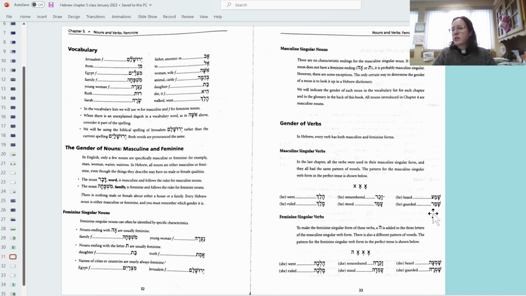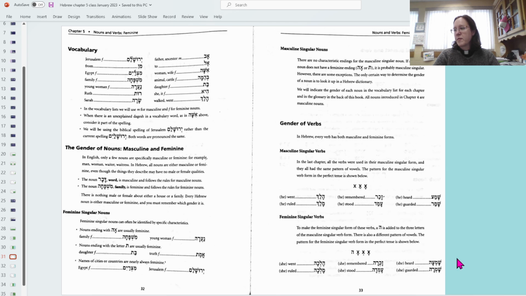The feminine singular verbs have the ah at the end. The hey is added to the three letters to make the feminine verb form. They have the same verbs that we had in the masculine form and show how it is in the feminine form on page 33 in chapter 5. So we have sham'a.